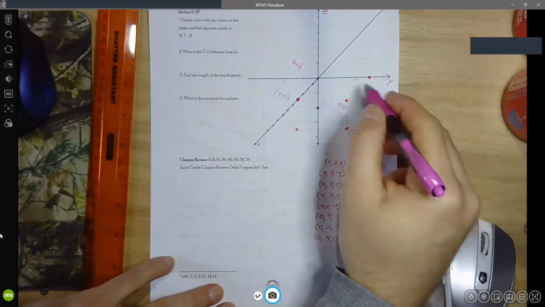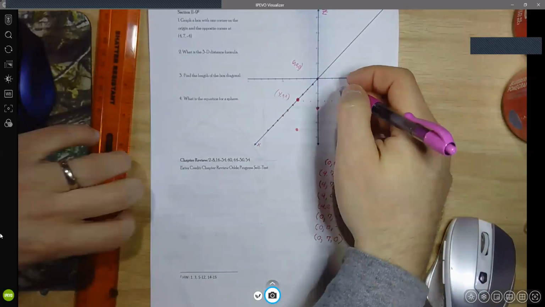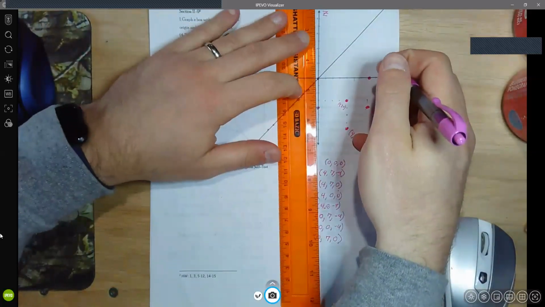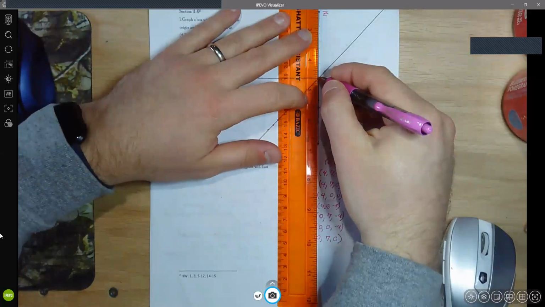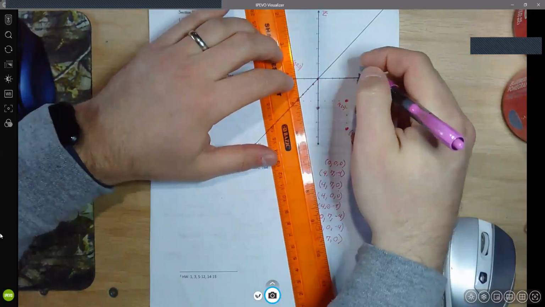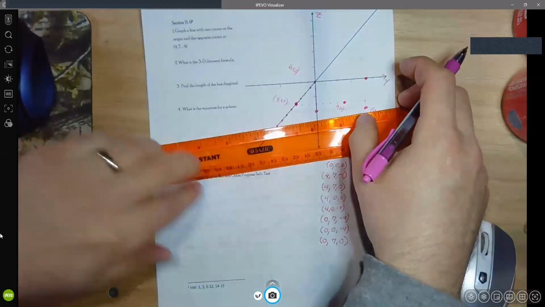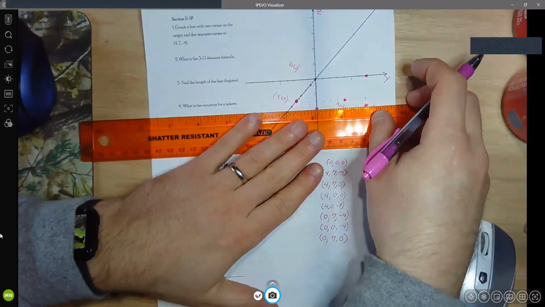Now, we have 2 different rectangles here. This one back here is the one in back, so I'm going to use a dashed line.